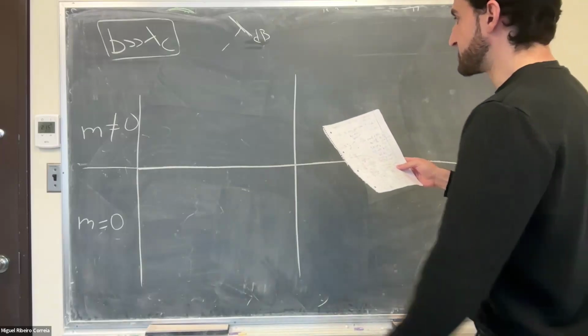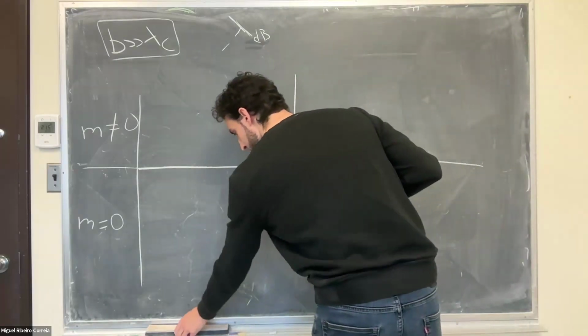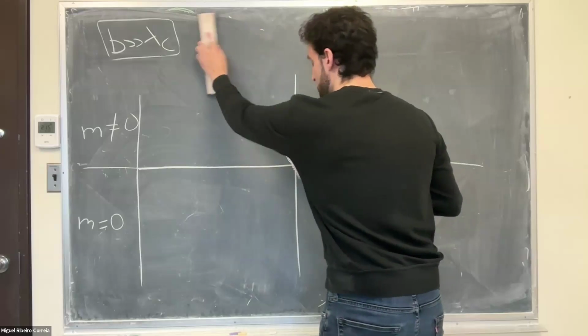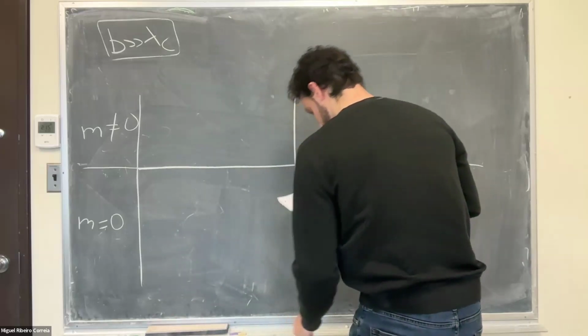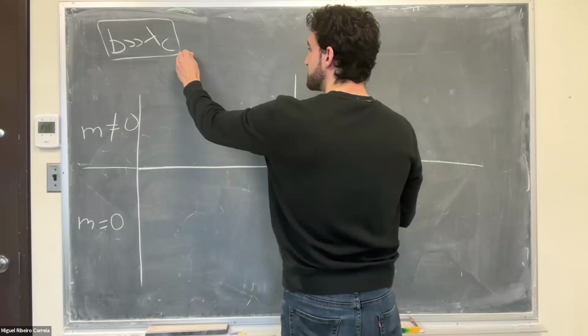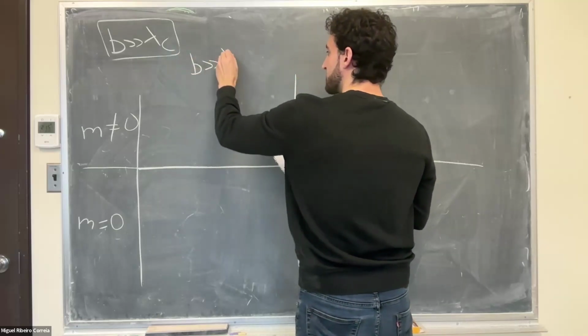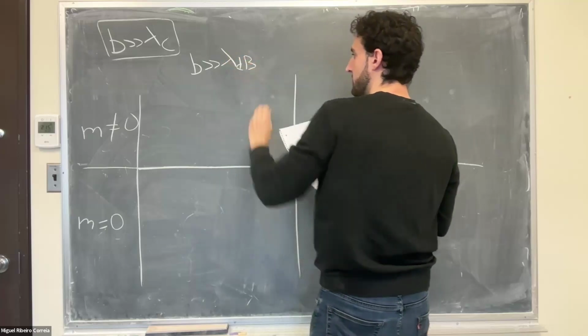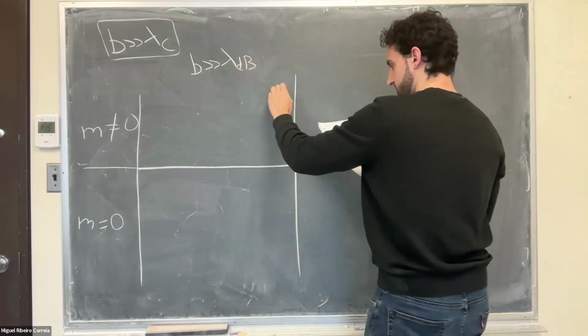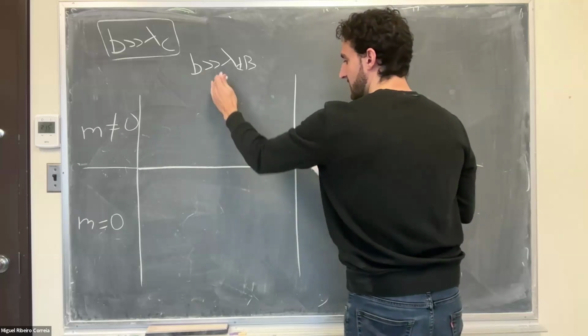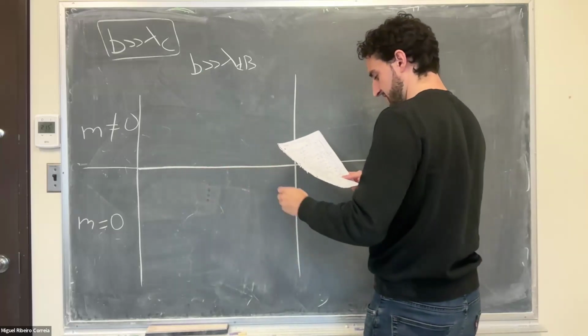So here at the top, what I do is I consider B much larger than the lambda de Broglie, or lambda, which in this case would be literally just the wavelength of the massless wave.